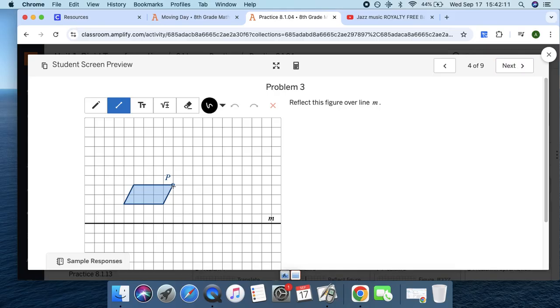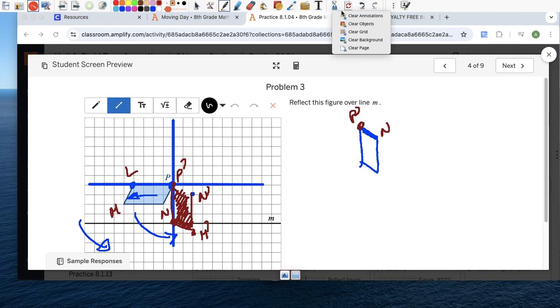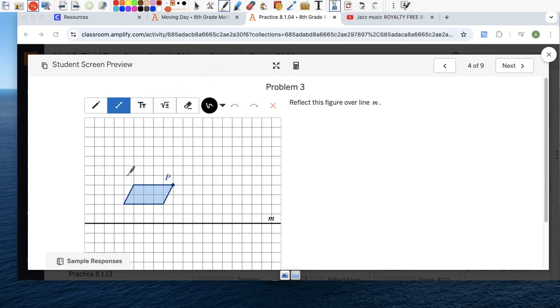So now again, to make my life easier, things I'm going to do to make my life easier, I'm going to give these names, right? It doesn't matter what name. I'm going to call this A, I'm going to call this B, and I'm going to call this C. So let's start with point C. Point C is 2 units away, so if you count here's point C, and if you count the distance that it is from the mirror, which is the line M, its image would be 2 units on the other side of the mirror.